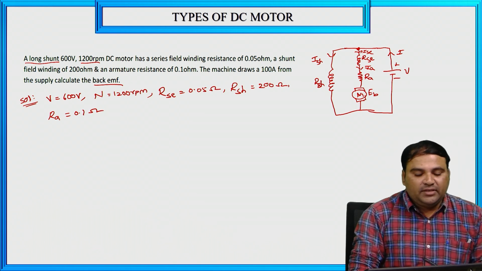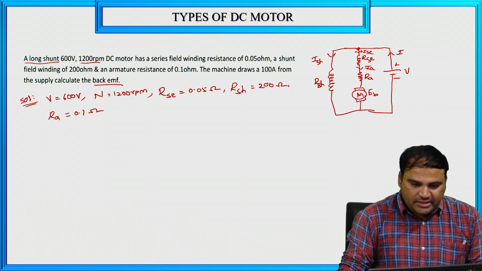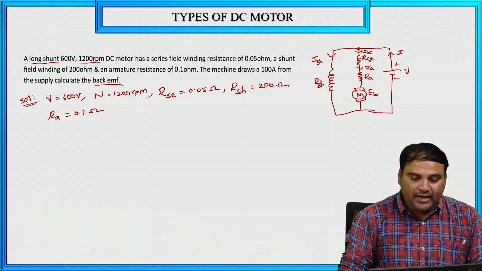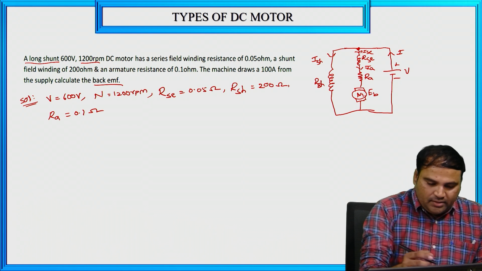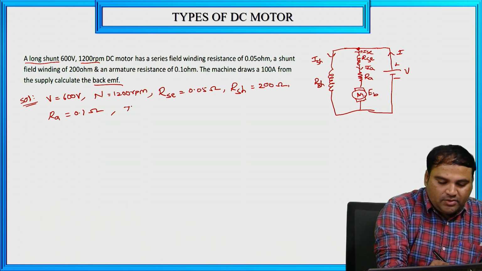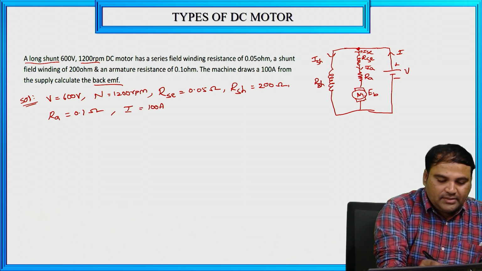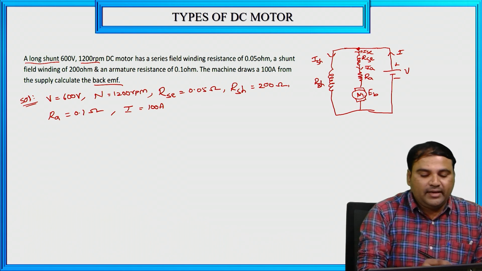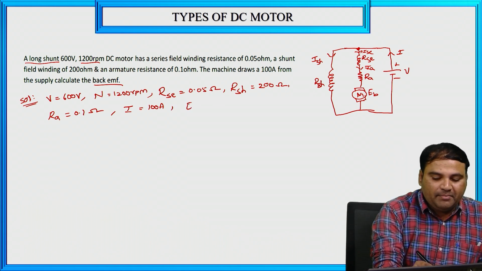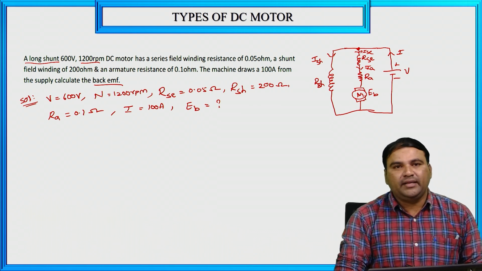Now the machine draws 100 ampere from the supply, so the current I is equal to 100 amperes. Now we need to calculate the back EMF, that is EB.